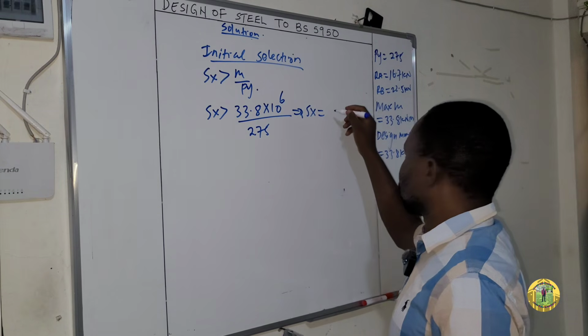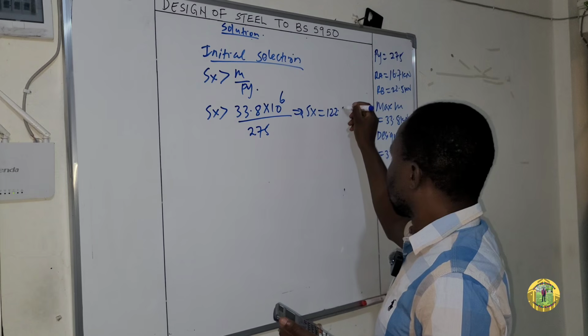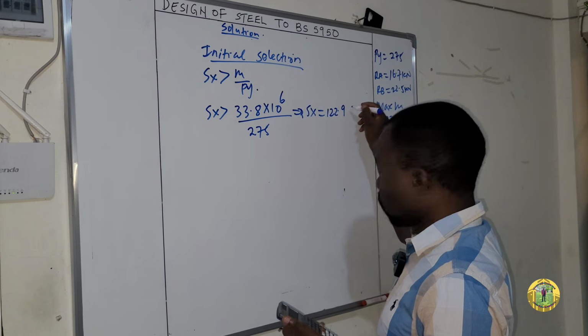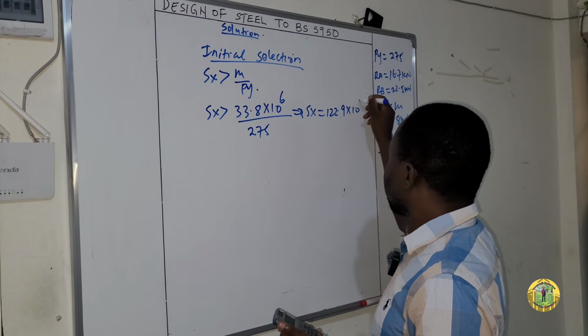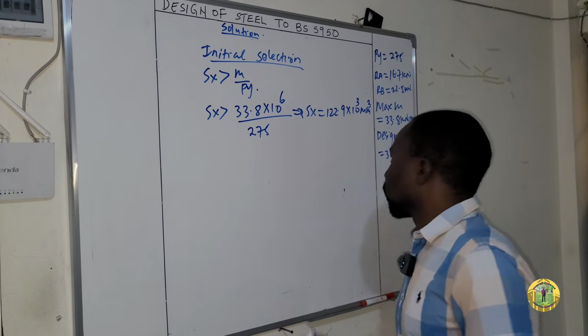So this is 122.9 times 10 raised power 3 millimeter cubic.